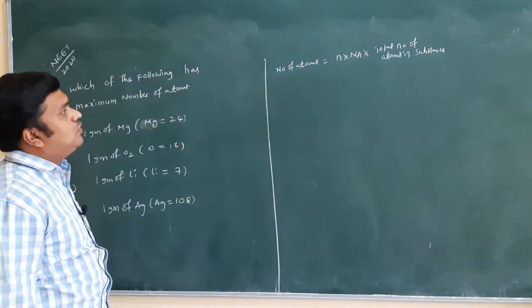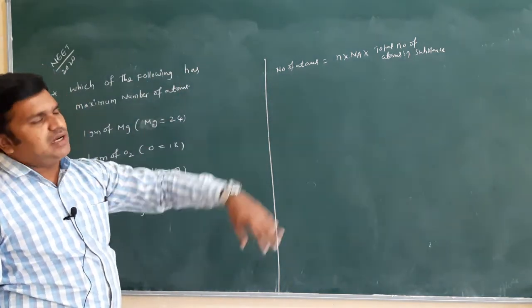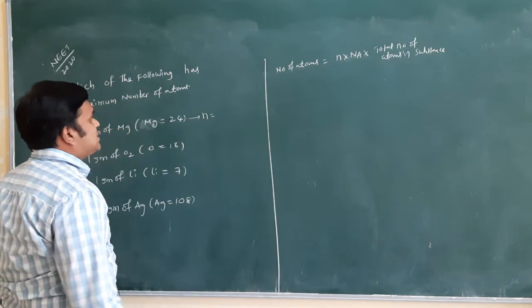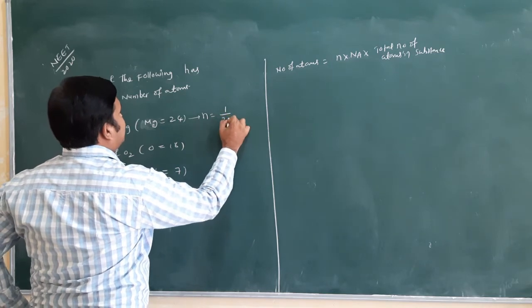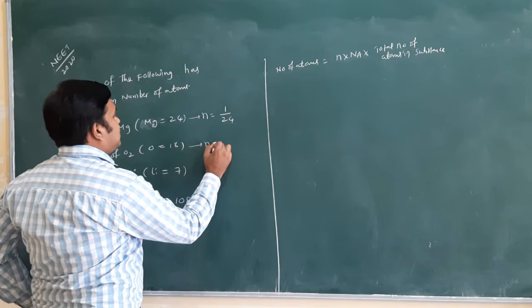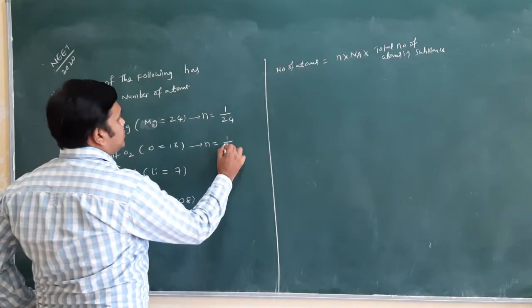So you want to find out the number of moles, and multiply that with Avogadro number and the total number of atoms only. If you find out the number of moles, what you will get? n is equal to weight, 1 gram is given, by molecular weight.